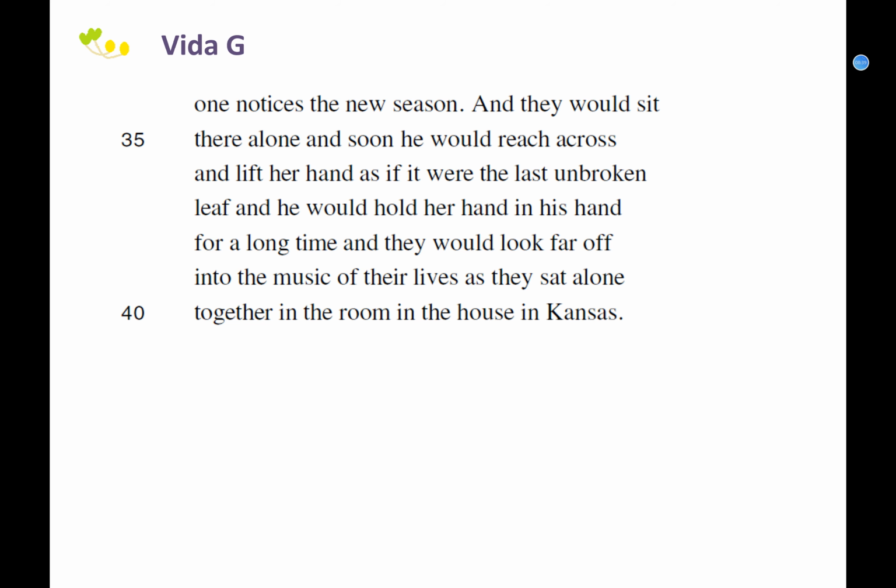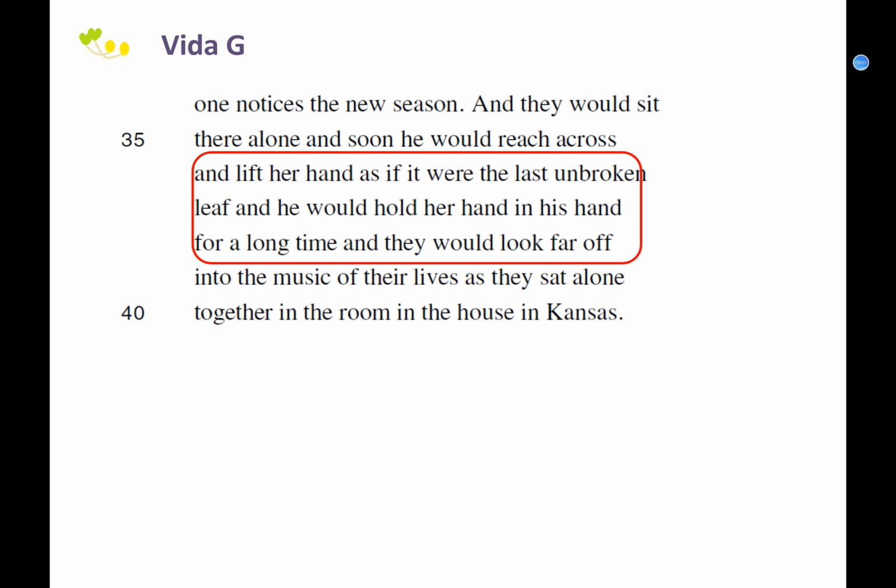And we can see from the last part of the poem, from their action, he lifted her hand as if it were the last unbroken leaf, and he would hold her hand in his hand for a long time, and they would look far up into the music of their lives.